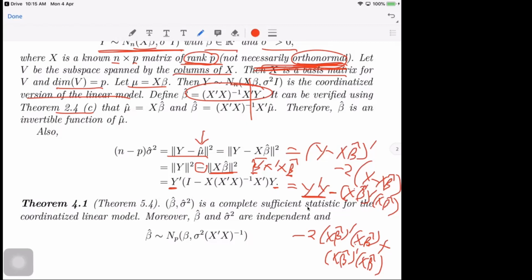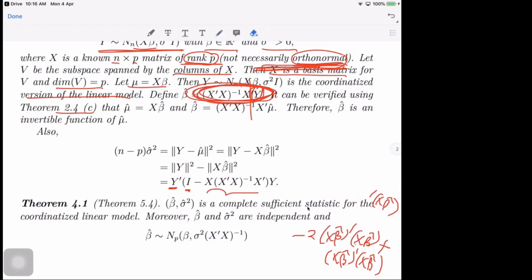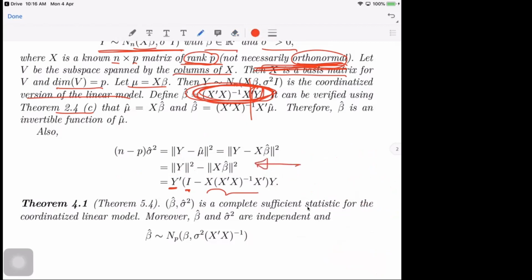So this beta hat, write it in terms of this. You can factor out the Y, since Y prime Y is there, so the identity is what remains. Okay? Do you understand? Yes, ma'am. Okay, so try to expand it so you know how it is written. Okay? Do you have questions?